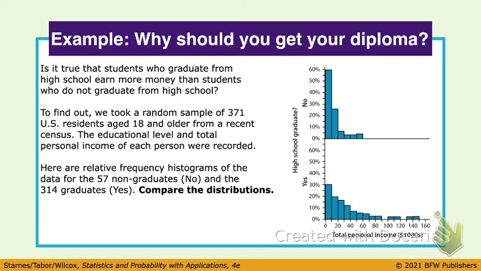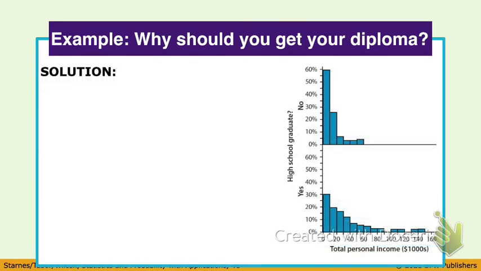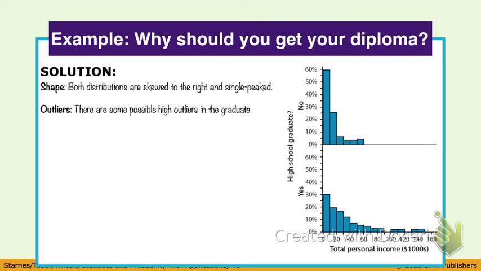Let's go ahead and start looking at this, because I don't want to cut your time short. So compare your distributions. What did you guys say for shape? Both are skewed to the right. Perfect. Both distributions are skewed to the right. Outliers, what do you think?